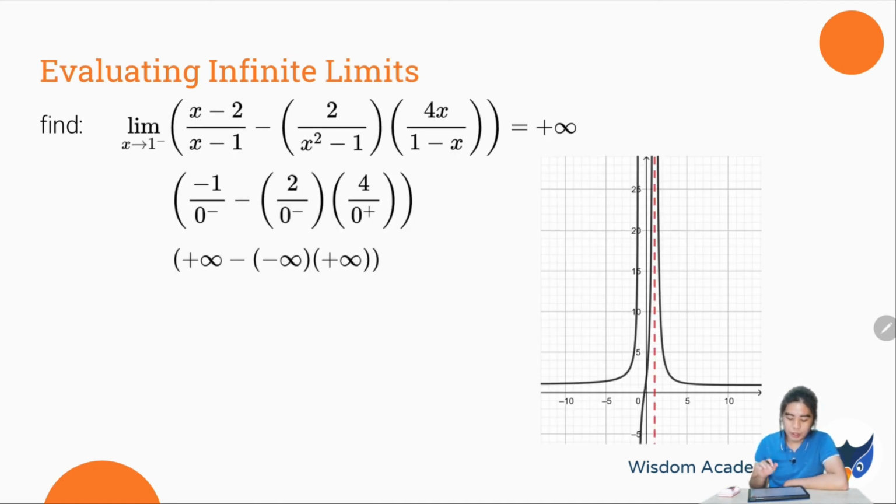So, if titignan natin yung graph niya, makikita natin na from the left, approaching siya sa positive infinity, and from the right, approaching din siya sa positive infinity. So, ayun, limit niya is positive infinity. Pero from the left lang naman yung sinolve natin. So, tama lang din yung nakuha.